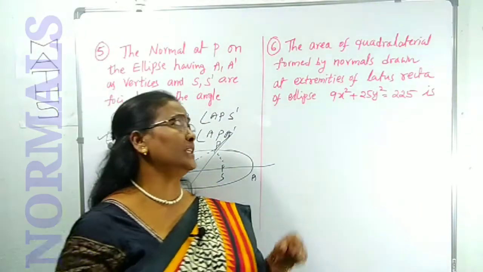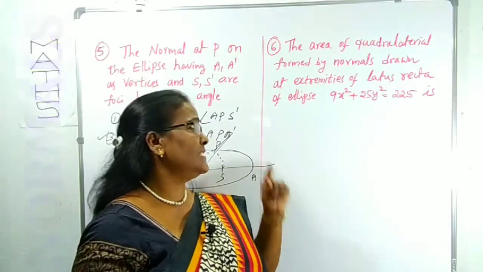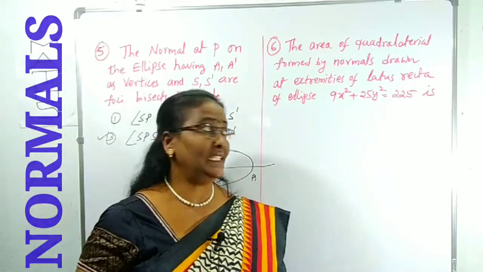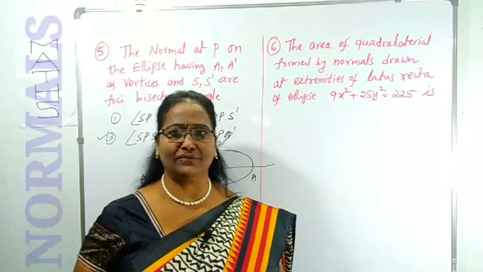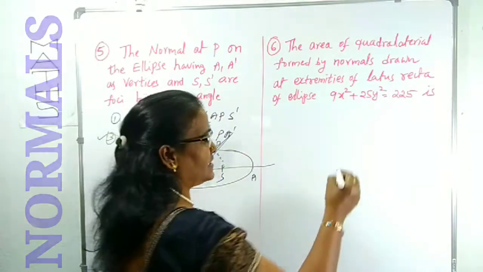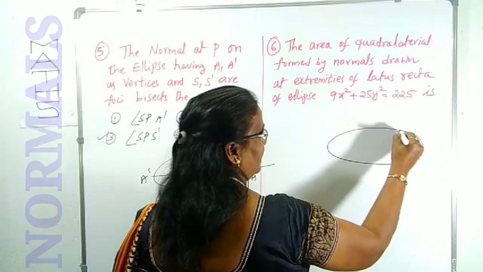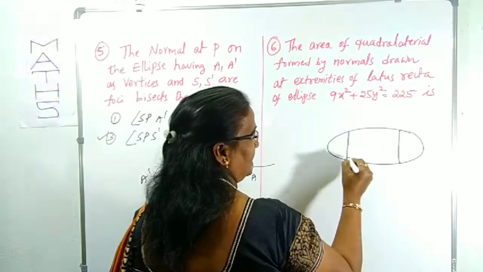In this question, what is being asked? The area of the quadrilateral formed by normals drawn at the extremities of latus recta. You know there will be two latus recta. Suppose this is one latus rectum L and this is L dash.